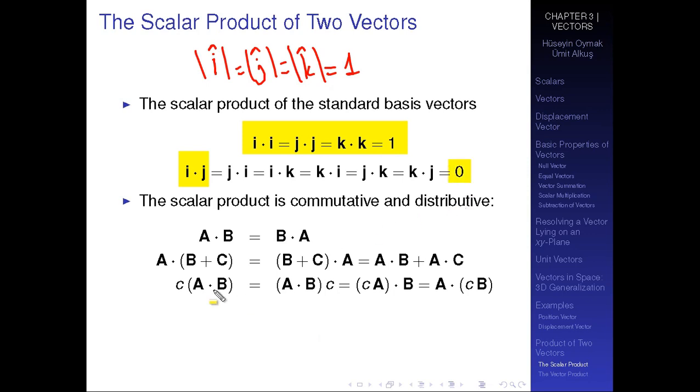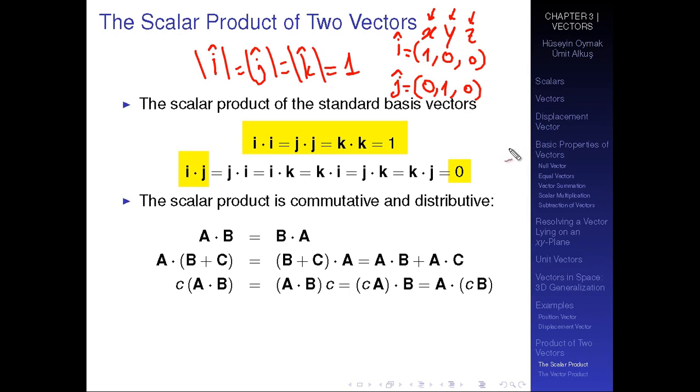Let me solve one of them. Vector i can be represented as 1, 0, 0, corresponding to the x, y, and z axis. And j is 0, 1, 0, corresponding to the x, y, and z axis.